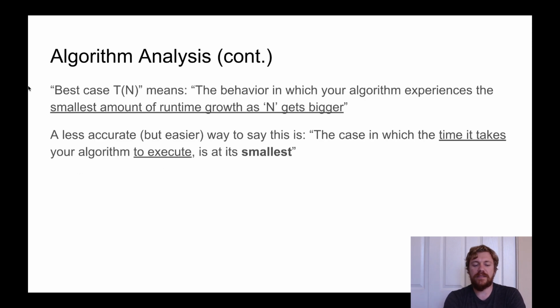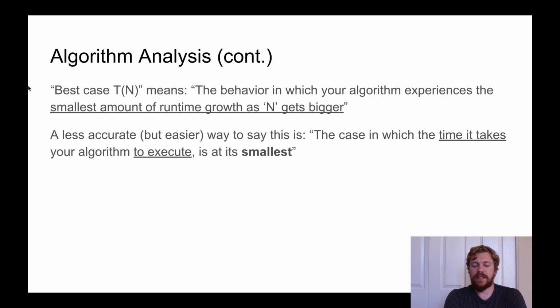So the best case of T of n means the behavior in which your algorithm experiences the smallest amount of runtime growth as n gets bigger. Now I can understand this might be a little confusing right now. And so a slightly less accurate but easier way to understand this might be the case in which the time it takes your algorithm to execute is at its smallest.